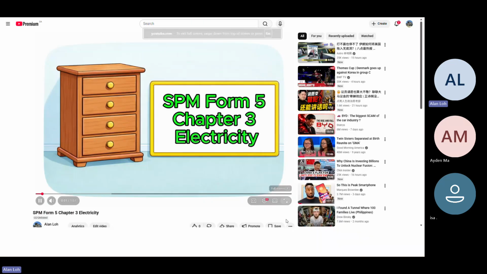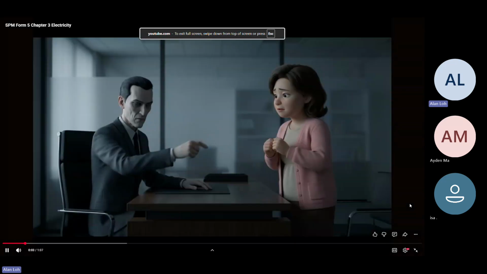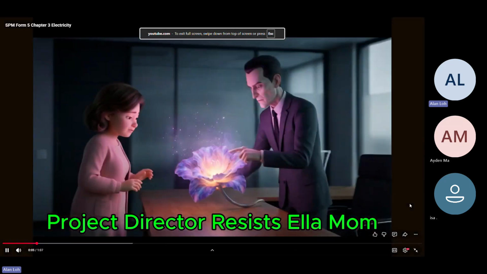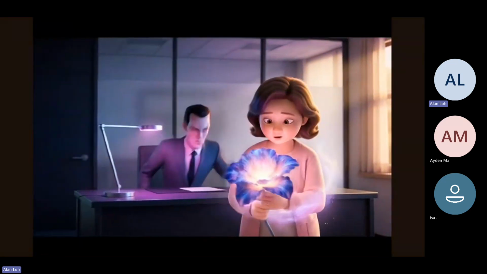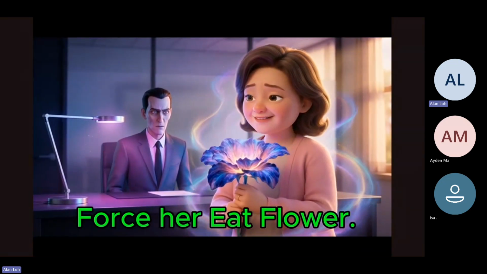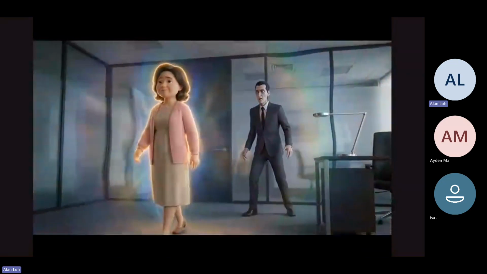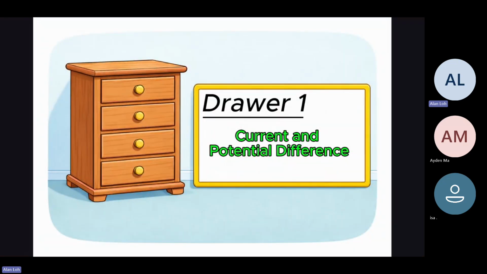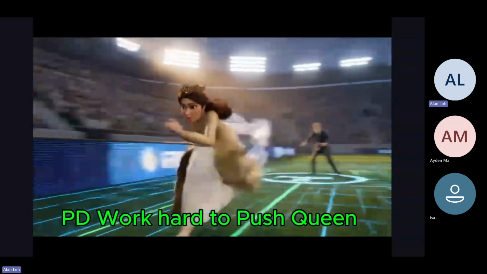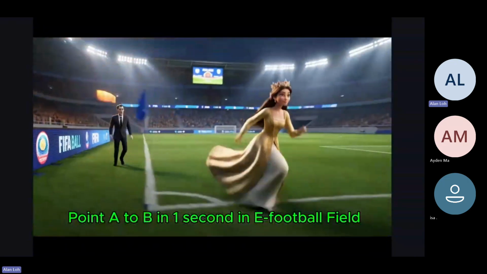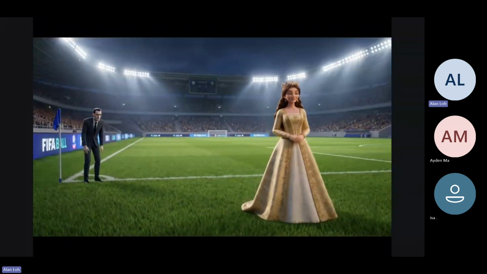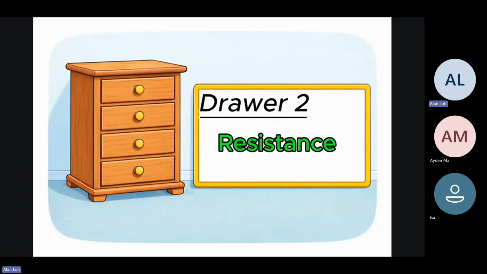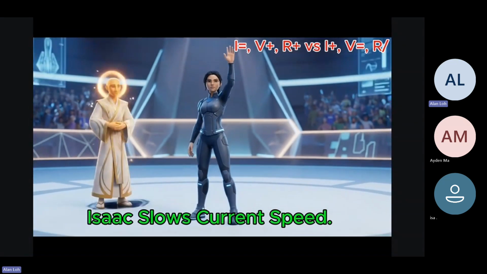SPM Form 5, Chapter 3 Electricity. Drawer 1. Current and potential difference. PD works hard to push the queen. Pointed to be in 1 second in a football field. Drawer 2. Resistance. Resistance slows current speed.